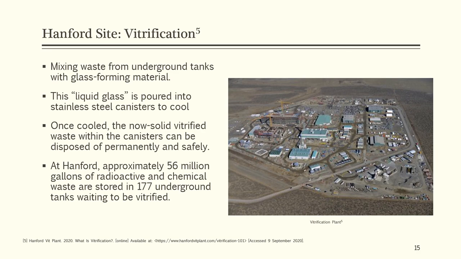And so it allows a better containment of the radioactive material than simply putting them into storage tanks. And so once this is cool, the now solid vitrified waste within the canisters can be disposed of permanently and safely. And approximately 56 million gallons of radioactive and chemical waste are waiting to be vitrified.